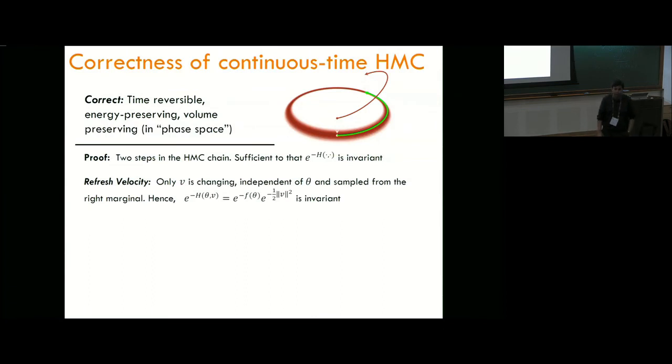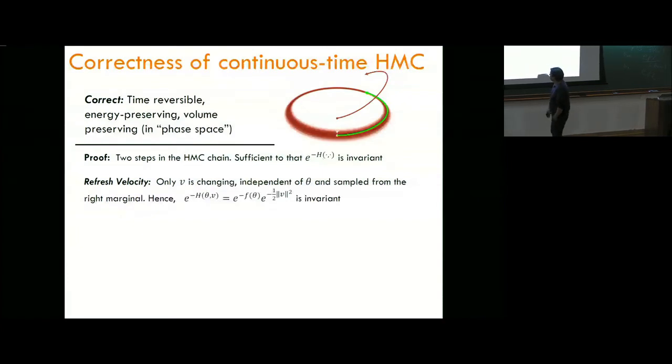The easy part is the refreshing velocity part. So what does that mean? Let's say you were at a point theta with some velocity v, and I promised you that theta and v were given to you as a sample from the density function e to the minus H(theta, v).